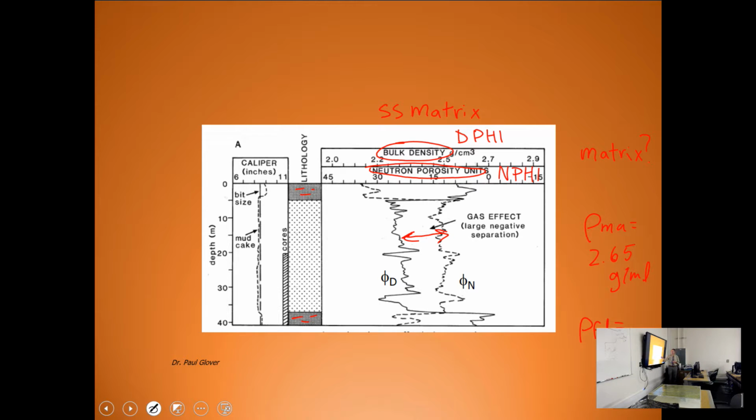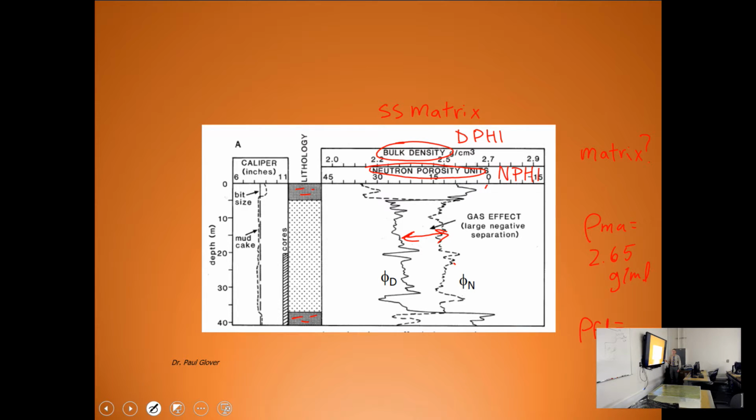So can you explain why the neutron tool is so low? It's separated or crossed over, depending on your favorite word. Why is it so low? I mean, it's a difference. See, here's 15%, and so it's like 10-ish. That's a lot, okay? So why is it so low? Because we're expecting this, right? We're expecting it to be water.